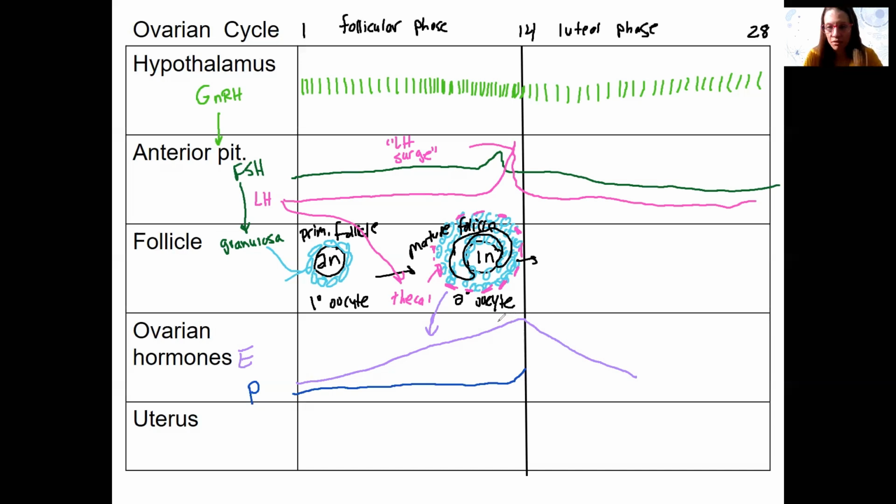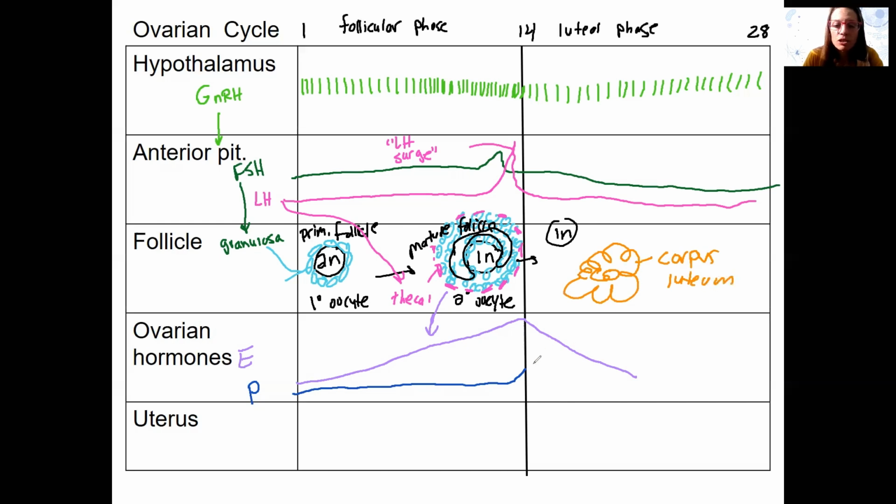For now, just to be able to keep drawing this out, I want you to accept just the steps and that this surge in luteinizing hormone is going to occur, causes the release of that secondary oocyte. What's that called? Ovulation. And it also causes the follicle to become the corpus luteum.